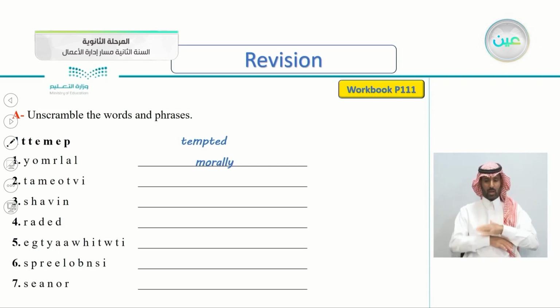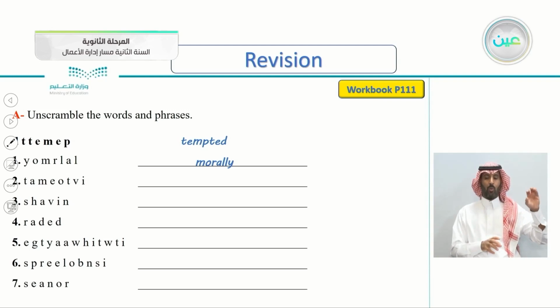Number two, T-A-M-E-O-T-V-I. This is the scrambled word. How do we unscramble it?